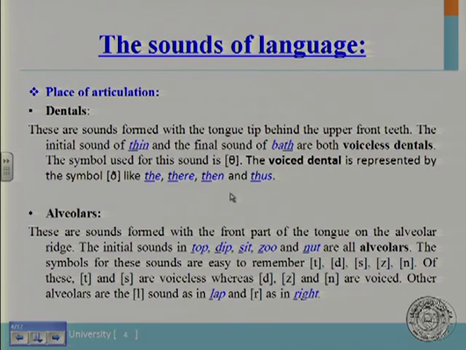These sounds are produced when the front part of the tongue touches the alveolar ridge. So these sounds are called alveolars. Why? Because they are produced with the help of the front part of the tongue and the alveolar ridge.